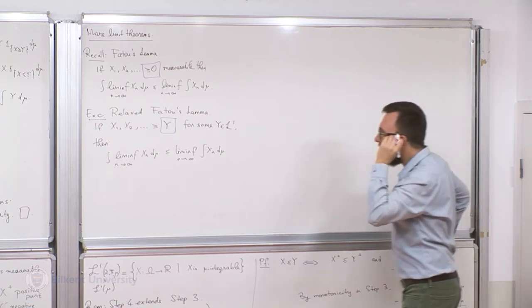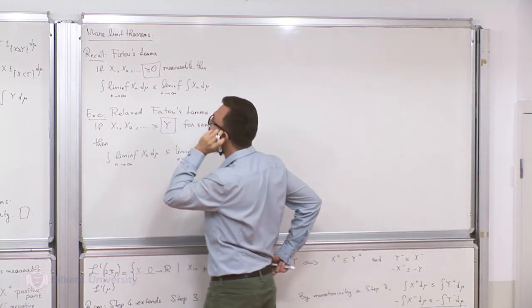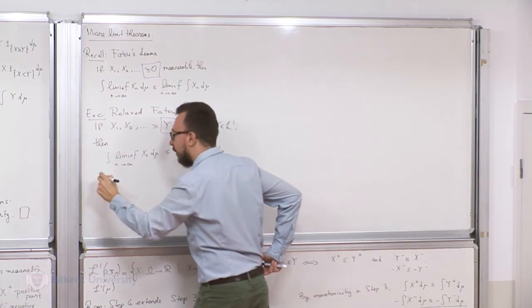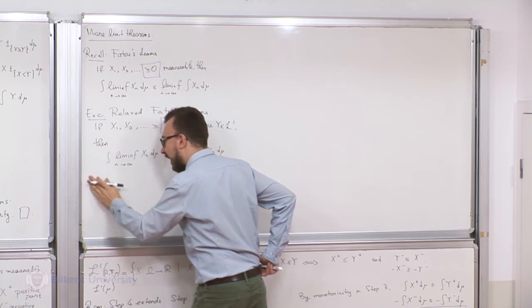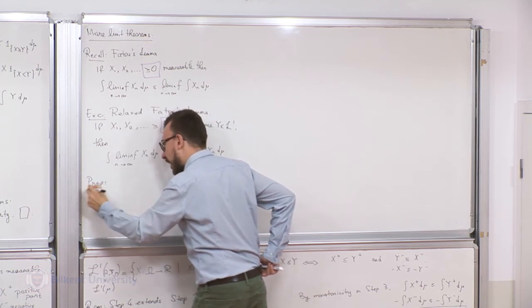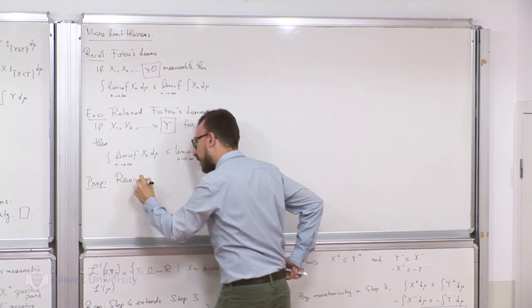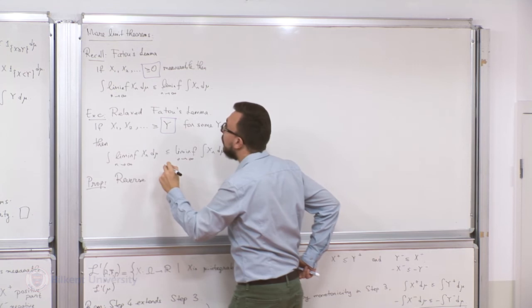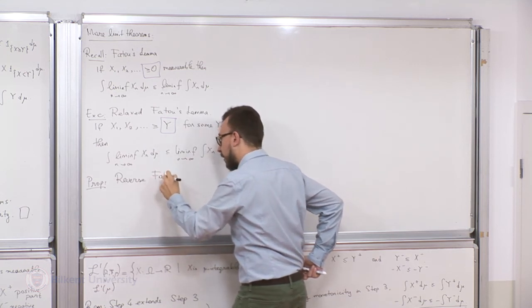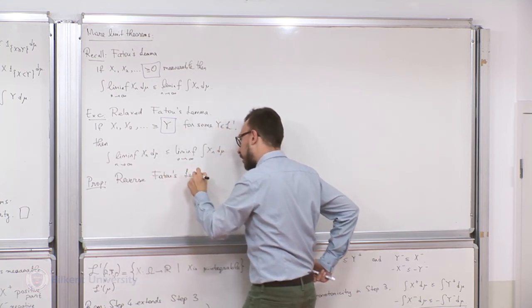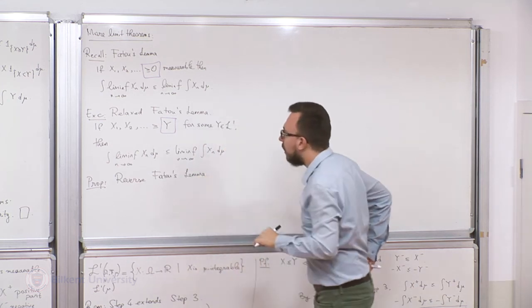But the main reason to give this exercise is actually to motivate the reverse Fatou's lemma. So here's what we're going to add, the new limit theorem: reverse Fatou's lemma. Reverse meaning that it's going to be about lim sup. And it is completely symmetric.